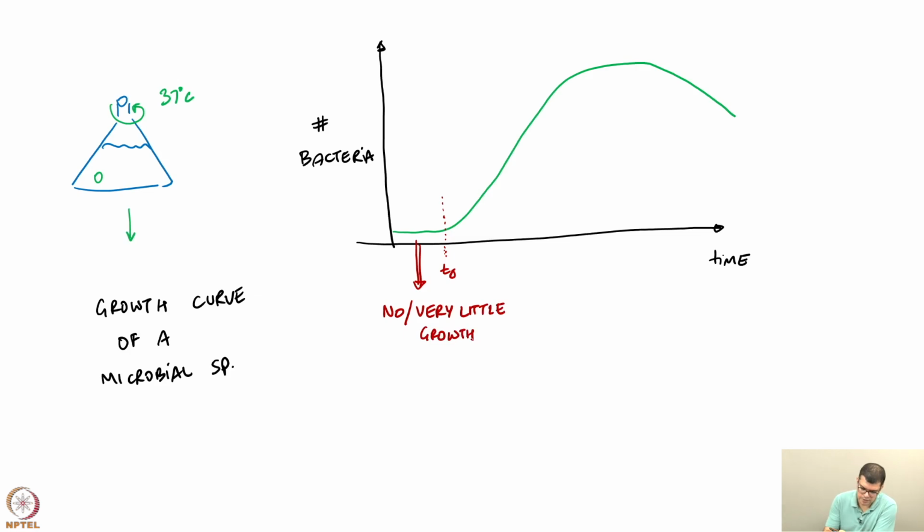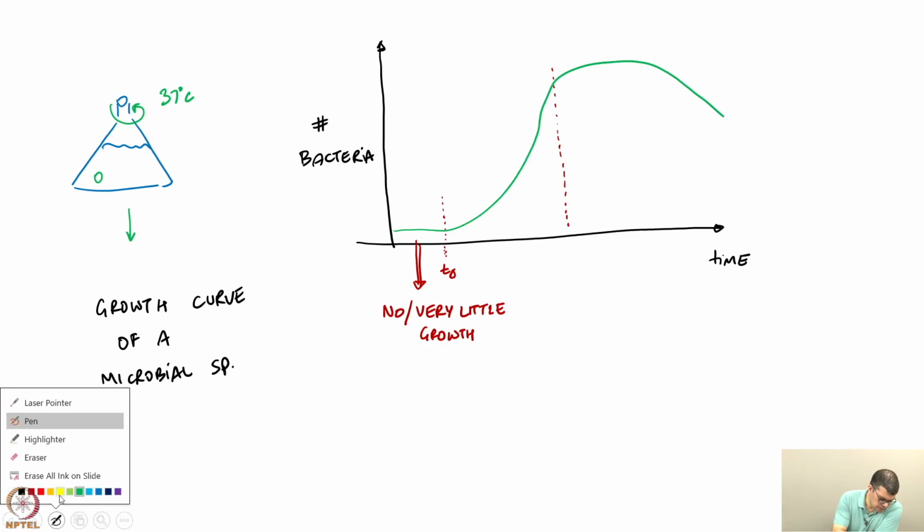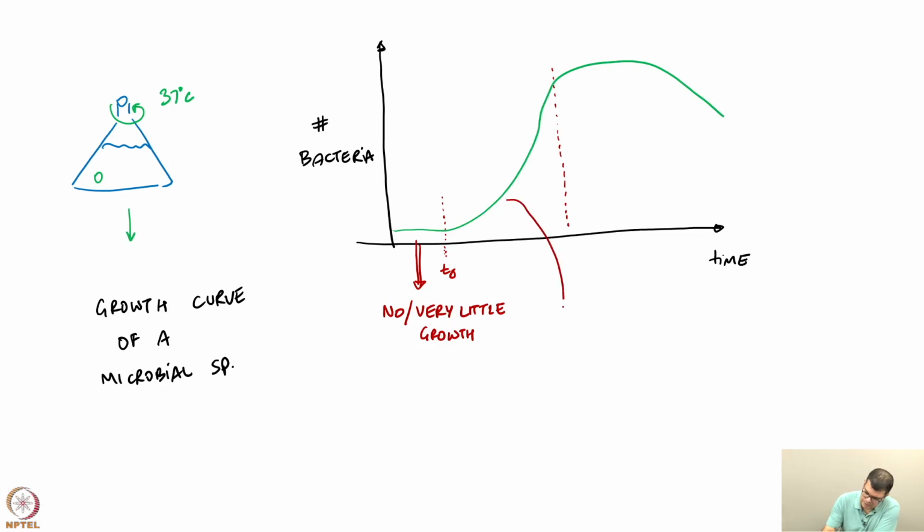In the next phase, let me redraw this a little bit accurately. Something like this. In this next phase, growth is happening exponentially. So this is called the exponential phase of growth.